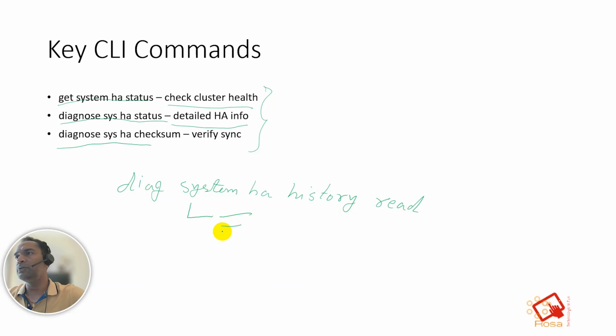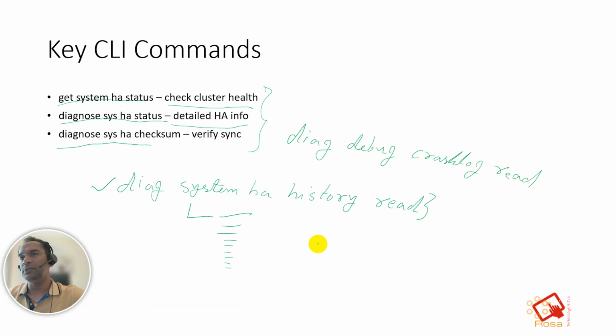All those logs or events can be viewed when you use this command, diag sys ha history read. So this is also a good command, and you should always see diag debug crash log read. In case of any issues, we should also verify the crash logs to see if there are any crash logs due to any software bug.